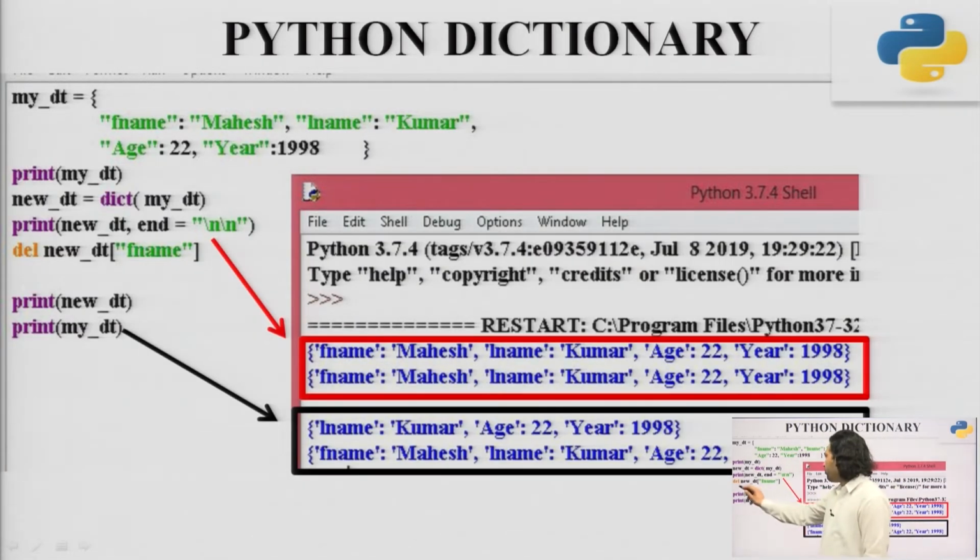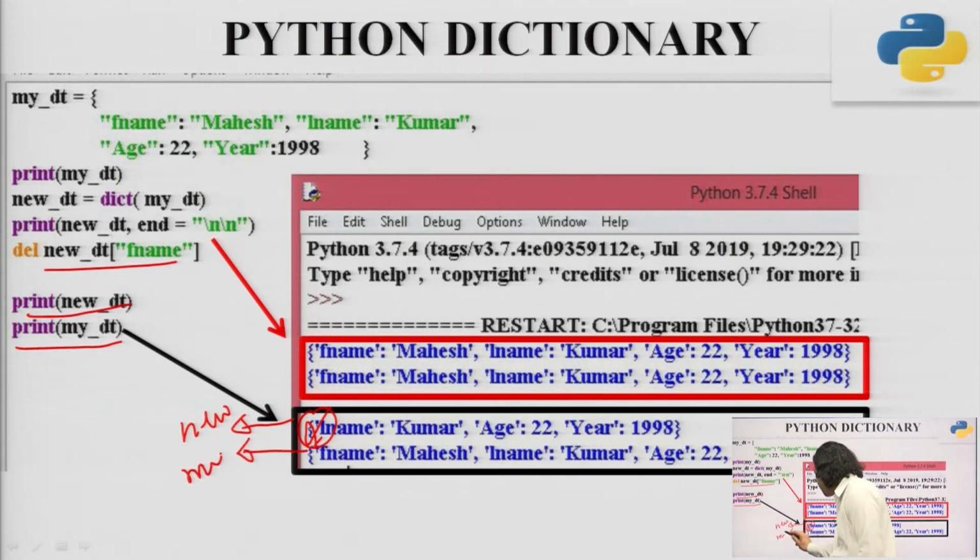Here we have performed the operation of deleting the f name, and you can see that the f name is not available in new dt, because the first information is new dt, the second information is related to my dt. So, this one is related to new dt and this one is related to my dt. Here you can see that new dt and my dt are two separate things.